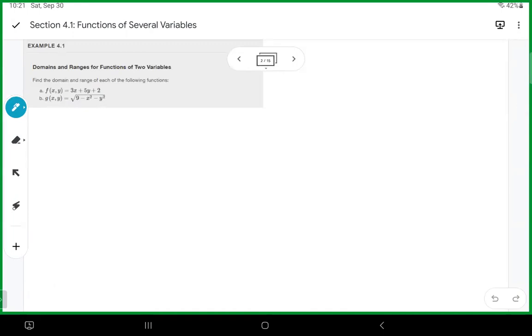All right. So, assuming the recording is live again, let's look at the first example. Find the domain and range of the following functions. So we're going to go with part A here. We have f of x y equals 3x plus 5y plus 2.